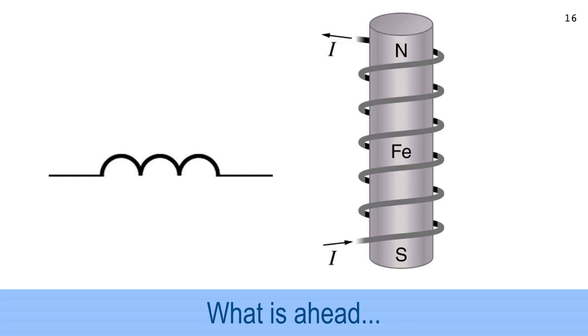So that's kind of what is ahead for us. I'm going to talk about that for just a minute, and then we're going to do some calculations of the magnetic field.